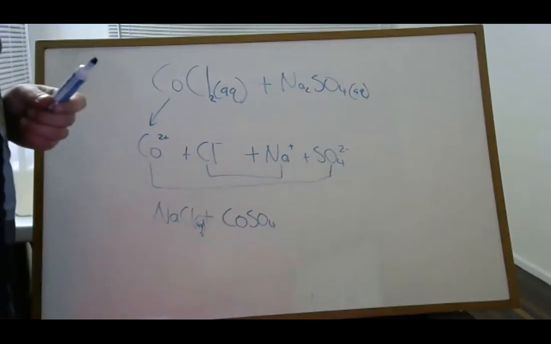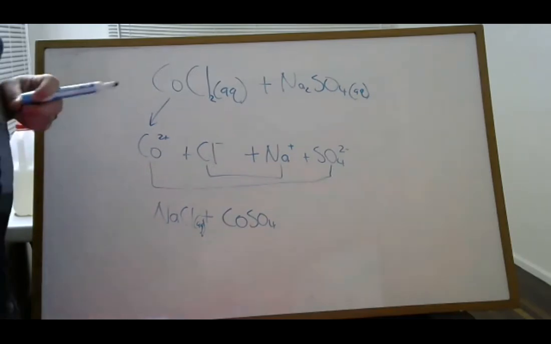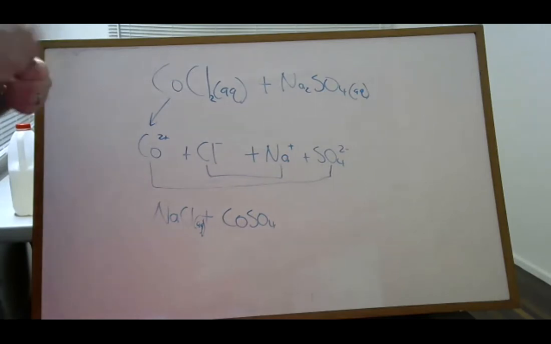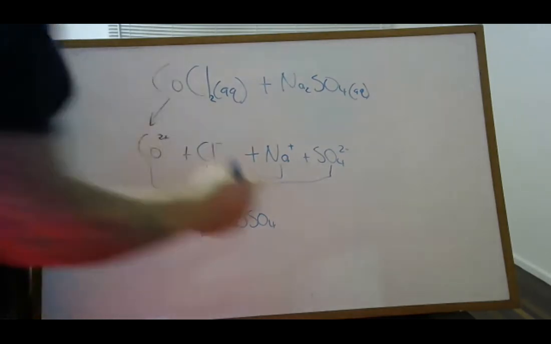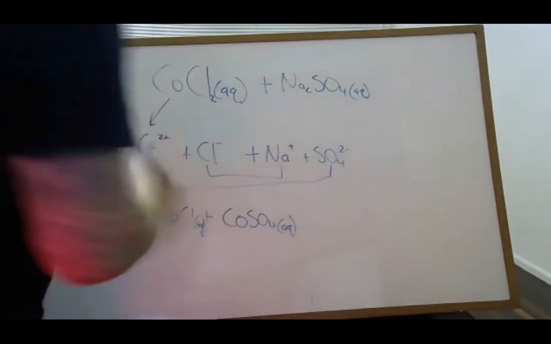What does our rule say about sulfates? All sulfates are soluble, except those of silver, lead, mercury, barium, strontium, and calcium. So in this reaction, no precipitate.